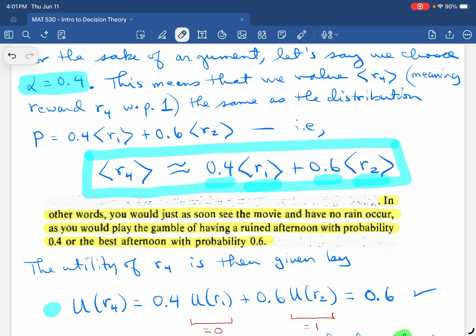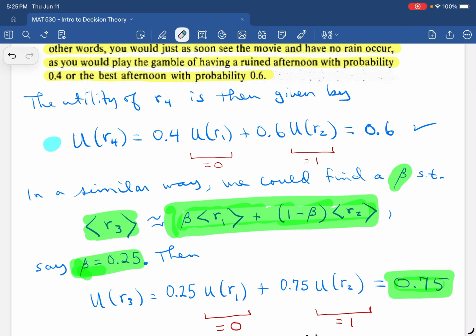And so once we make this decision, then we can calculate the utility associated with reward 4, because it's the same as the utility associated with this on the right, which is 0.4 times the utility at R1 plus 0.6 times the utility at R2, which gives 0.6.